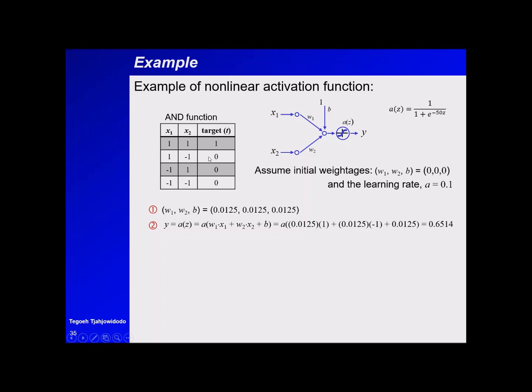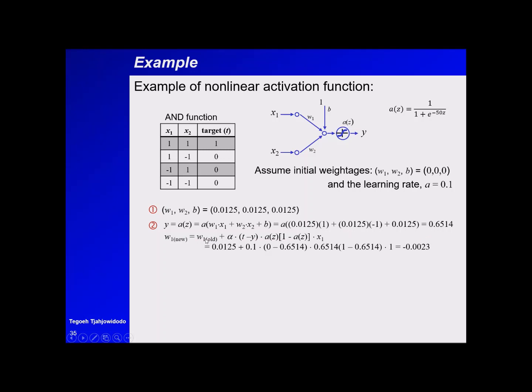So I just calculate the output of this network using this input, 1 and minus 1, and after calculating with this nonlinear activation function, I get the output y equal to 0.6514. And then I will update W1, W2, and B accordingly.